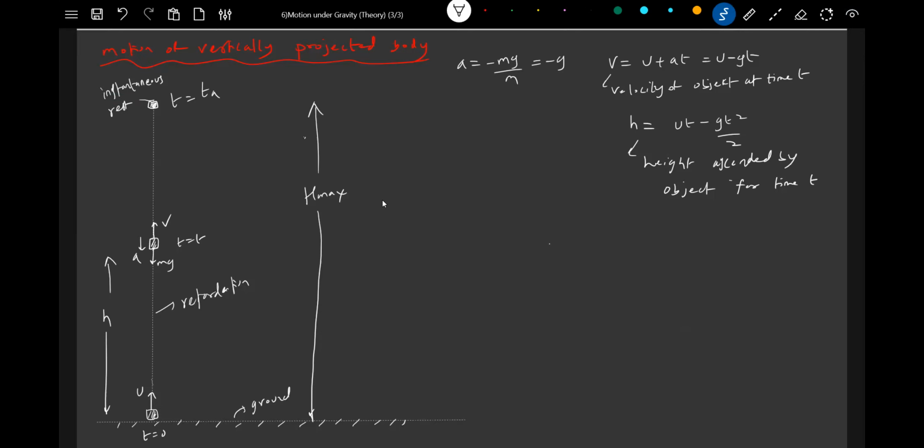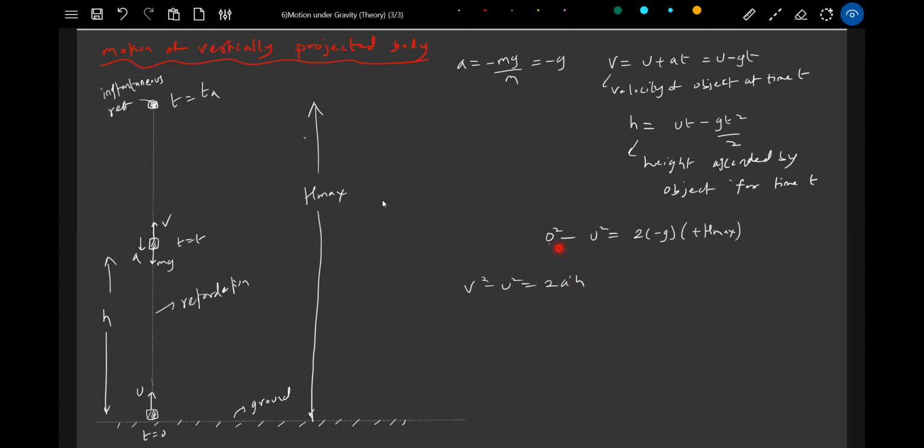Now we'll apply the formula 0 square minus u square equal to 2 into minus g into plus h max. These are very, very important. In the formula v square minus u square equal to 2ah, the sign for v, a and h depends on you.